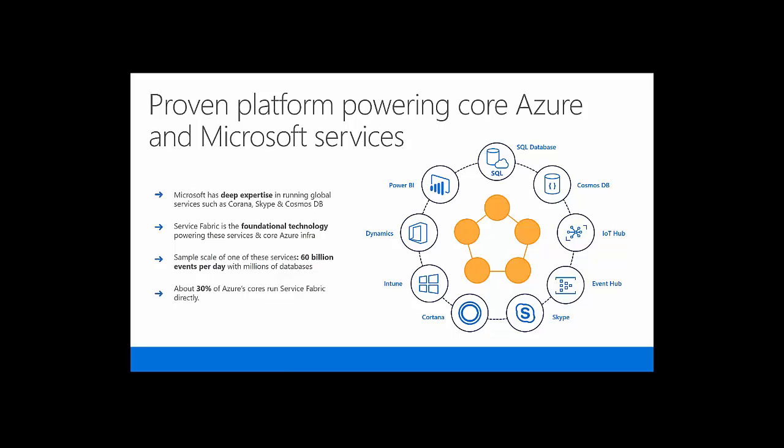So the number that I like to point out is about 30% of Azure's cores, all of Azure's actual hardware, basically run ServiceFabric directly. And what's interesting about that is you go, well, Matt, what about the other 70%? Well, some of these other Azure resource providers, the services that stand up your VMs or stand up your networks or provision your storage, those services run on top of ServiceFabric.